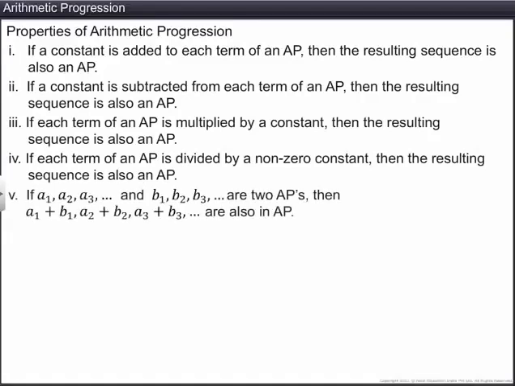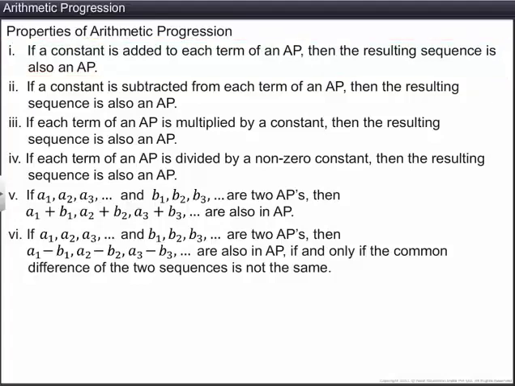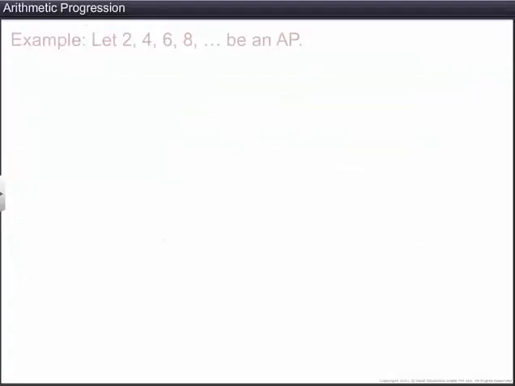First is, if a constant is added to each term of an arithmetic progression, then the resulting sequence is also an arithmetic progression. Consider an arithmetic progression with the terms 2, 4, 6, 8, and so on.